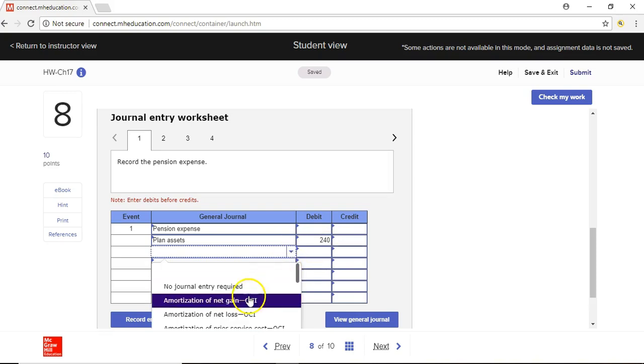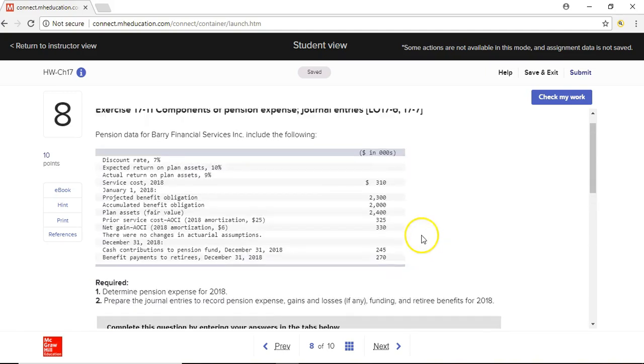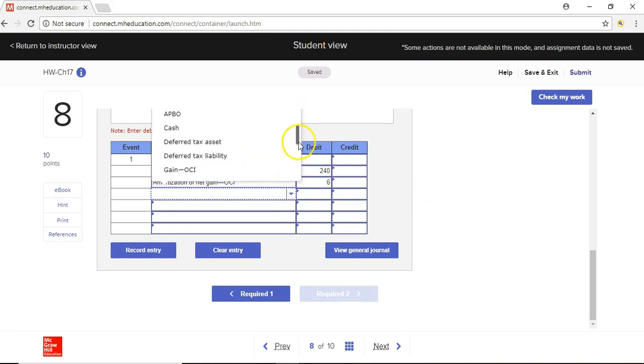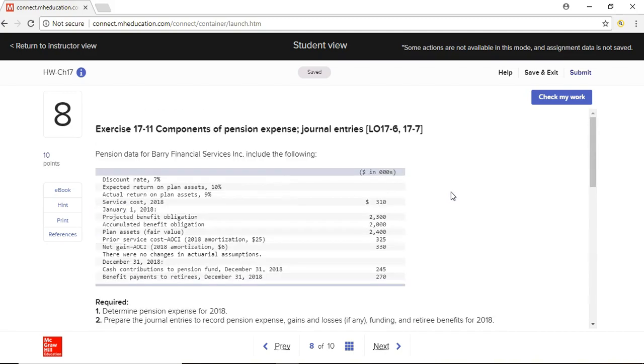24,000, 10% of it is 240. We also amortize net gain, so it will also be a debit item. Amortization of net gain. So that is $6 million. On the credit side, we have PBO, which includes both service costs and interest costs. Interest costs we calculated by 7% multiplied by beginning PBO 2,300, 161.